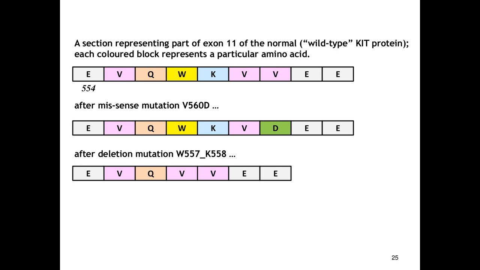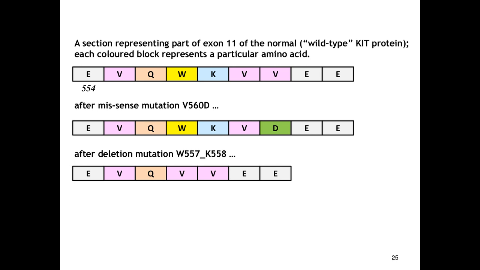So if you think of a protein as being a long linear chain like successive cars on a train, a long chain of amino acids, there are 20 different amino acids found in proteins.